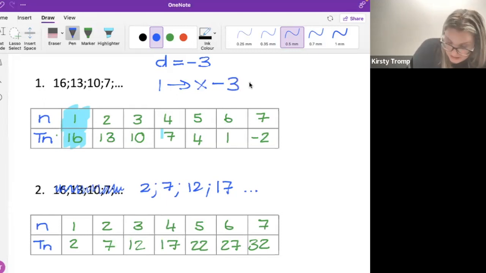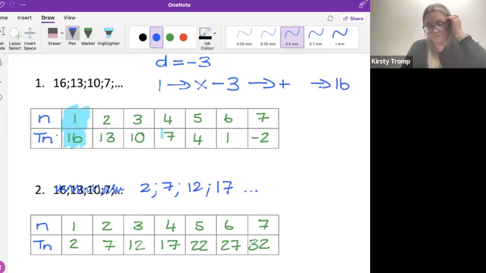And then I need to do something else to this number. What I'm going to do each time is add something to give me the final answer of 16. So 1, my position, times by -3 gives me -3. And -3 plus what will give me 16?